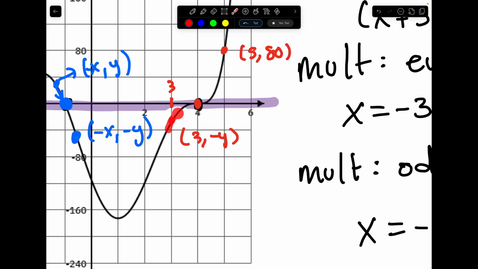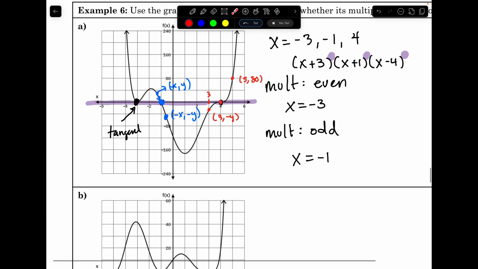If you're not sure what it means when it's crossing, look at the y value. See if the sign changes when you move across the x-intercept, from negative to positive, or from positive to negative. That means we're crossing the x-axis. So because of that, x equals 4 needs to have an odd multiplicity.